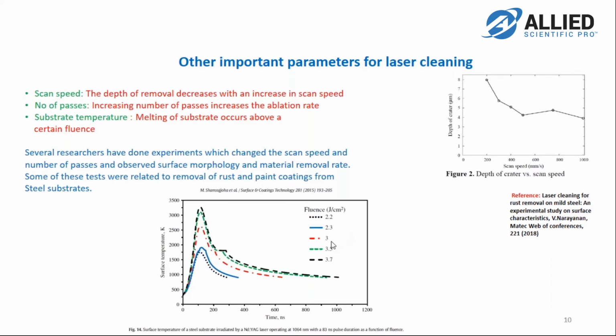But once you increase it to 3.5, suddenly there's a big jump in temperature, some melting happens, and the temperature increases up to 3200 Kelvin. So one has to be careful about the fluence, the energy density that you're shining on the substrate, so that it doesn't melt the substrate and damage it.